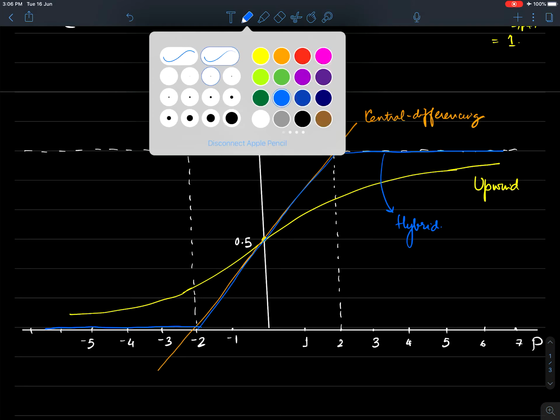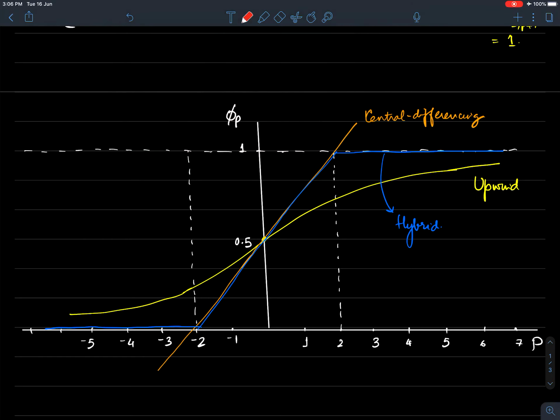Now let's look at the last one, which is the power law. Let me use the red color here. The power law actually has, for modulus P, a much more complicated polynomial function.